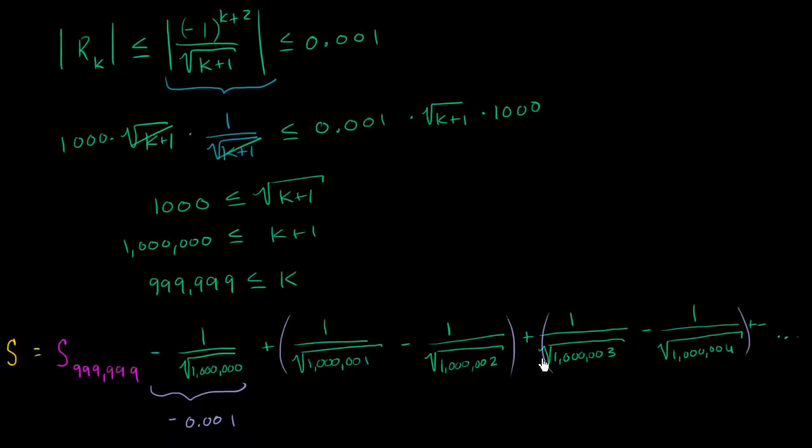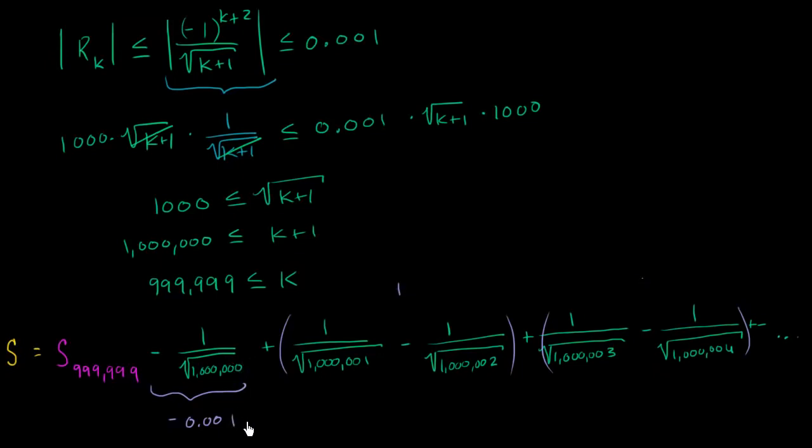This term is larger than this term is larger than this term, and we could keep going. So the remainder kind of starts at -1,000th, and then it just adds a bunch of positive terms. So it's not going to get any more negative than this. So we know that the remainder can't get more negative than this, but let's also verify that it can't get more than a positive 1,000th either.